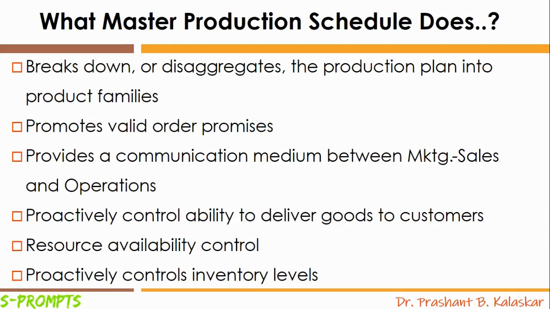First, the master production schedule breaks down, or disaggregates, the production plan into product families, like what we have just seen in the previous slide on the production plan of cars, which is divided into models A, B, C or D separately, or models such as sedan, hatchback, SUVs, MUVs, transport vehicles, etc. MPS also promotes valid order promises to the market depending upon the production capacity and each day's production plan, so as to supply exact quantities of finished goods matching the market demand.